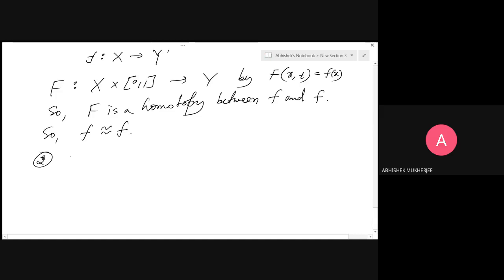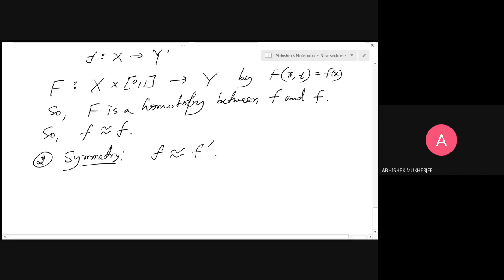And for the symmetry case, let us assume, just consider two maps from X to Y, and assume that f is homotopic to f dashed.